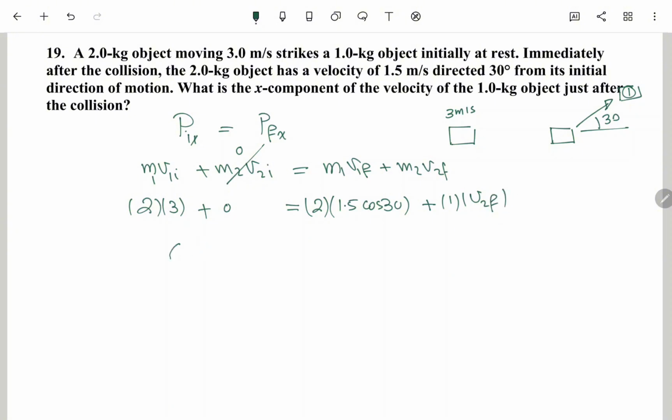So 6 equals 3 cosine theta plus V2 final, and from this, V2 final x equals 3.4 meters per second.